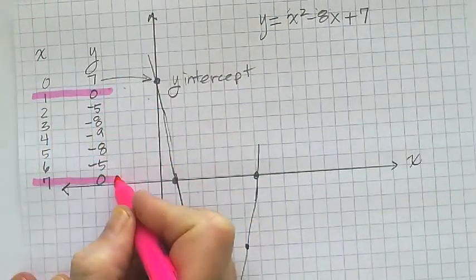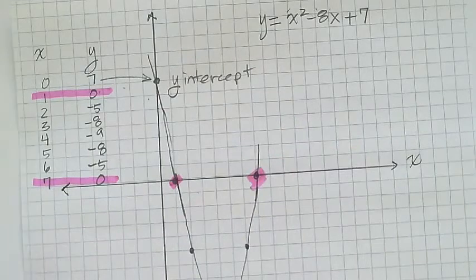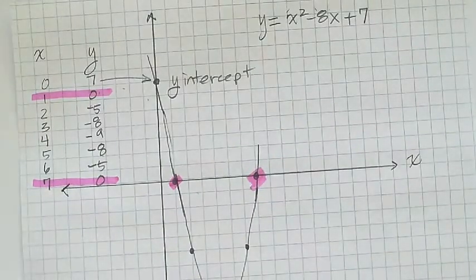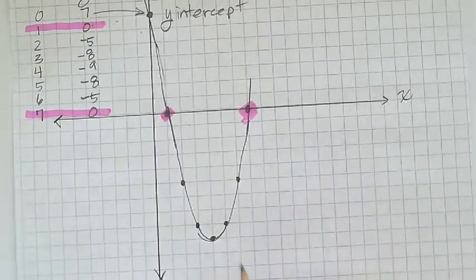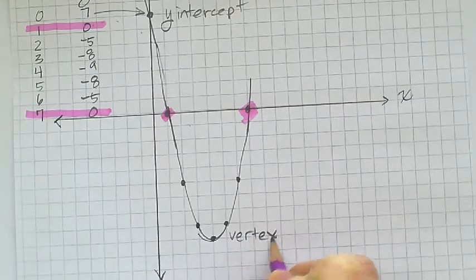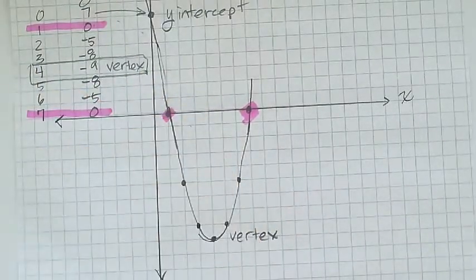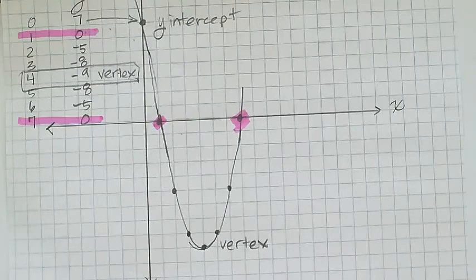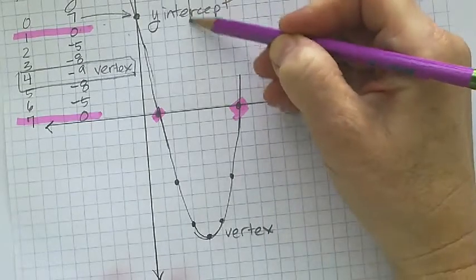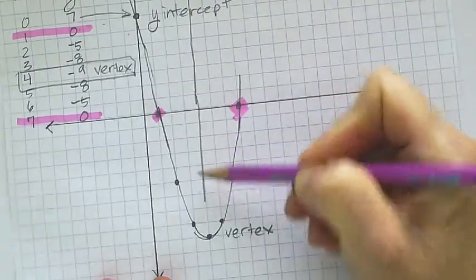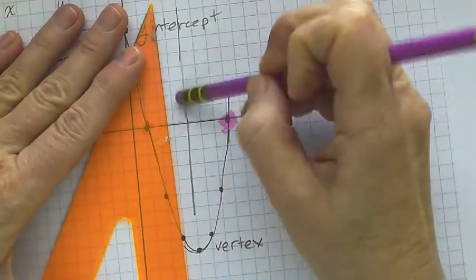So 1, 0 and 7, 0 are my x-intercepts, and those show up here and here. We've got our vertex at 4, negative 9. And we do have a line of symmetry. The line of symmetry is going to go through this vertex. I guess I could use my straight edge here, make it look a little bit better.